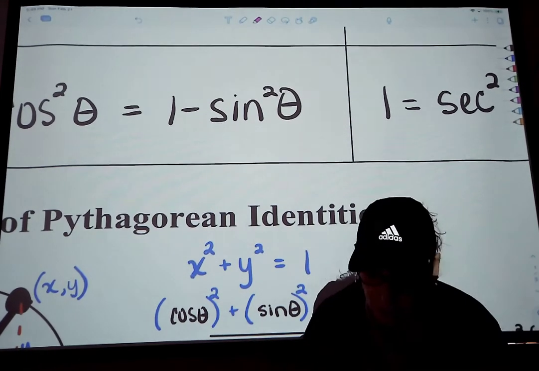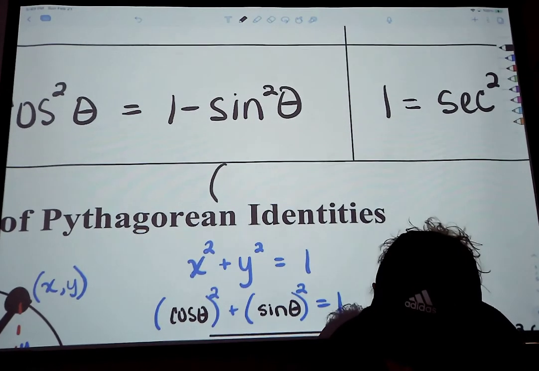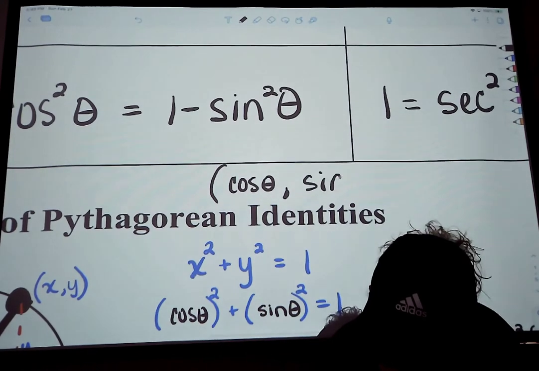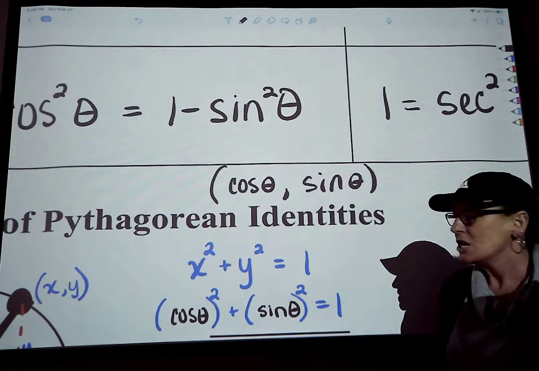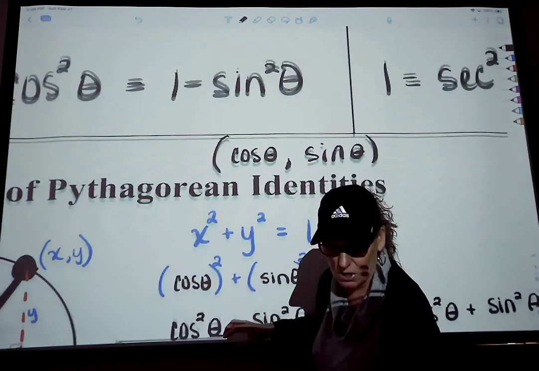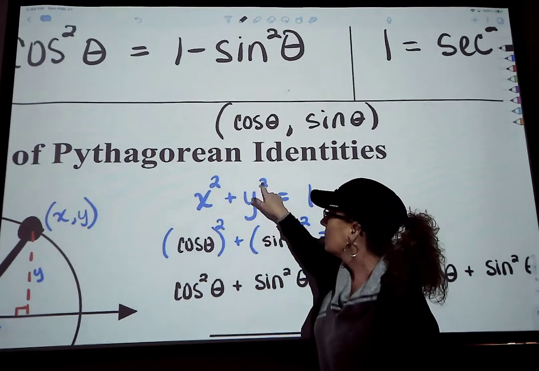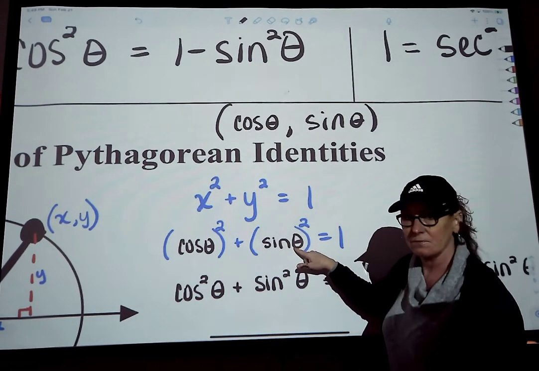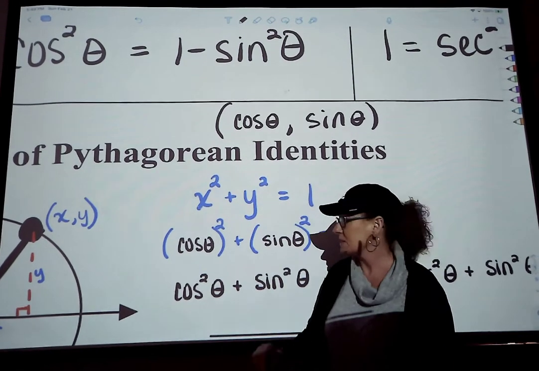Now, do you remember on the unit circle how, only on the unit circle, your cosine is your x value and your sine is your y value? Remember that? So, since we're on the unit circle, I can sub in cosine for my x value. I can sub in sine for my y value. Okay? And you're going to see this all the time.